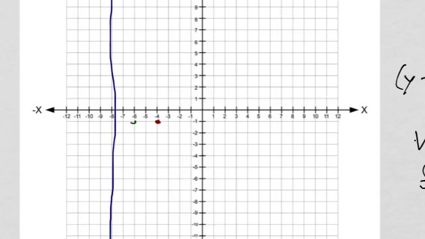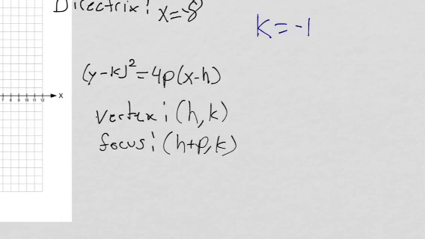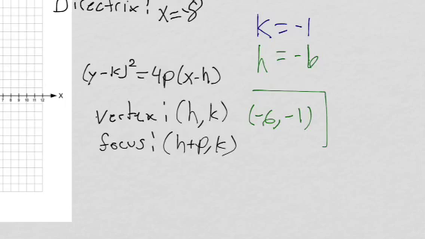So if we make a dot there, it is at the x-coordinate -6 and the y-coordinate -1, which matches up with what we found before. So we can write the vertex as -6, -1, meaning h equals -6. There is one part of our answer.